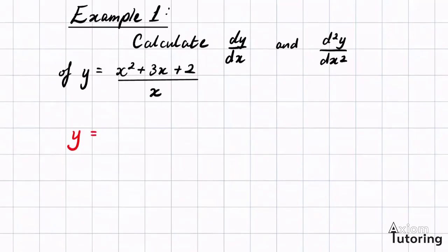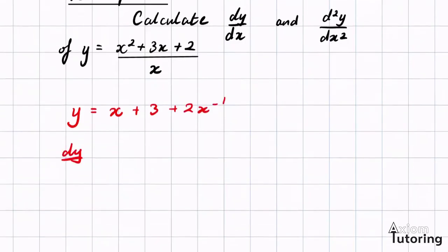So let's divide each term by x. So the first term, x squared divided by x, that's going to give us x. And then the second term, plus 3x over x, that's just plus 3. And then the third term, 2 over x, well, that's just 2 over x, but we can also write that as plus 2x to the minus 1.